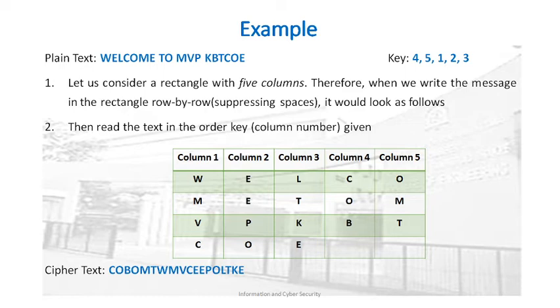After that we will read column number 1, that is WMVC. After that column number 2, that is EEPO, and then column number 3, that is LTKE. Hence our cipher text becomes COB, OMT, WMVC, EEPO, LTKE.